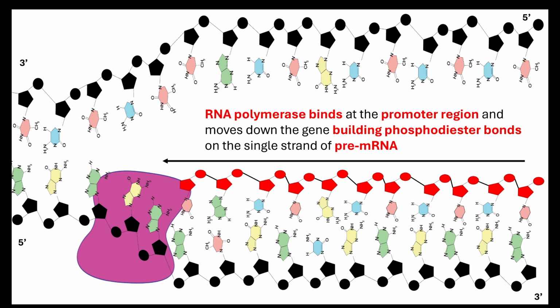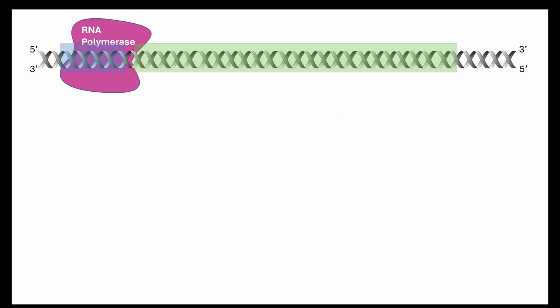It's going to move down that gene and build the phosphodiester bonds on what's known as a single strand of pre-mRNA, messenger RNA. So we've taken that genetic code, that sequence of DNA bases, and we have copied them onto this pre-mRNA strand.